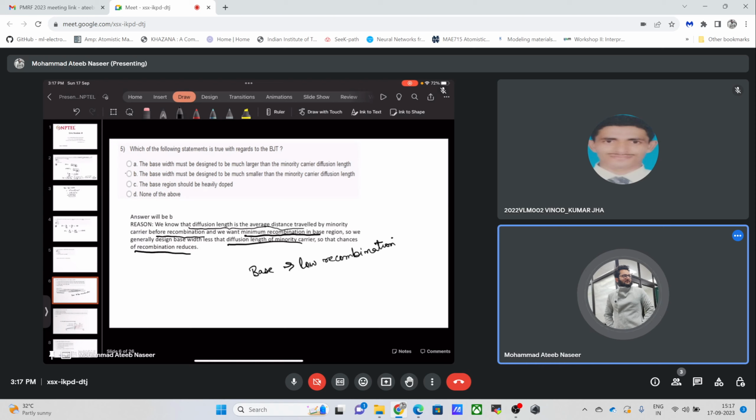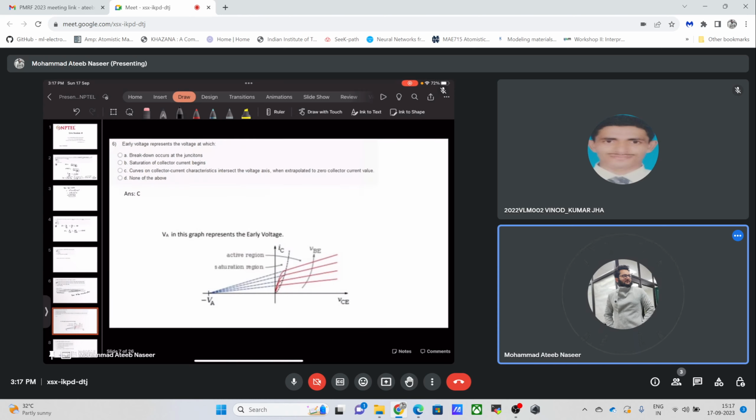So option B is correct. We do not want any recombination of the minority carriers in the base region. We want almost all the carriers to just get pumped from the emitter to the collector.